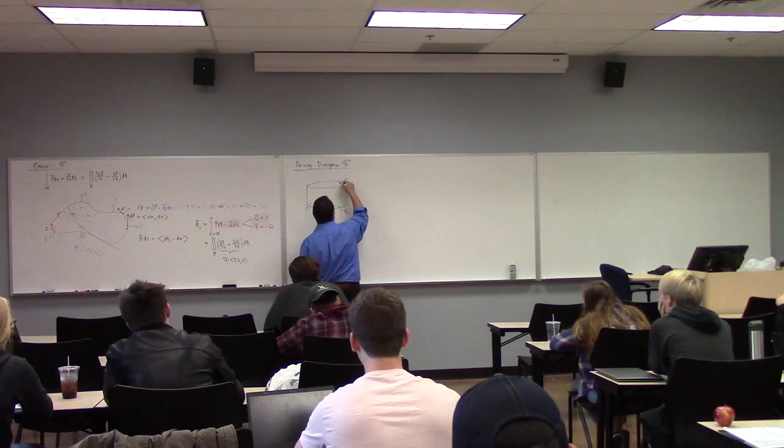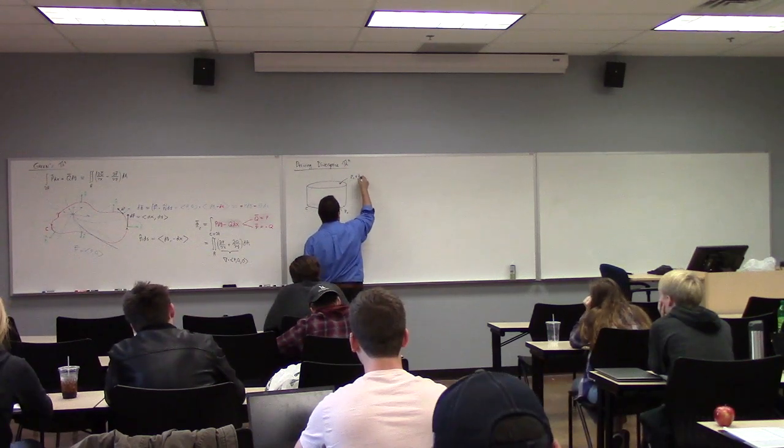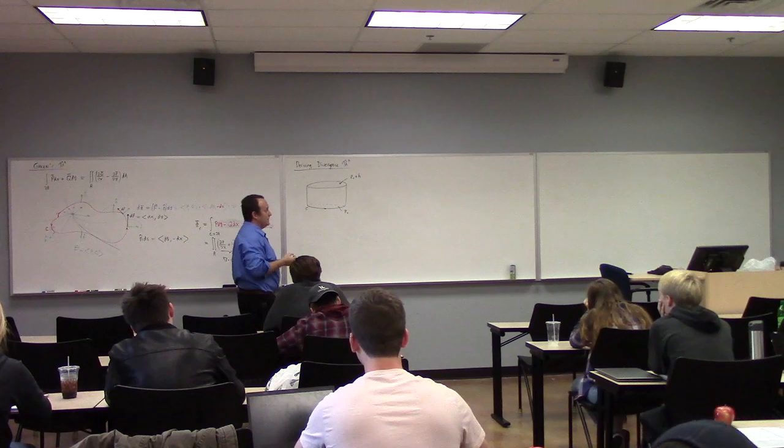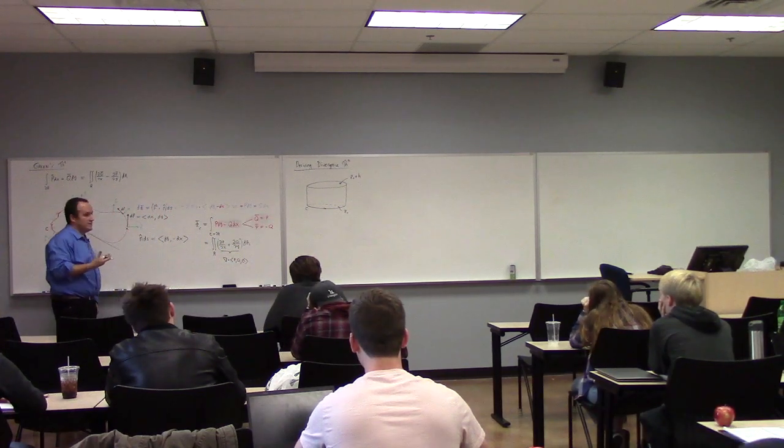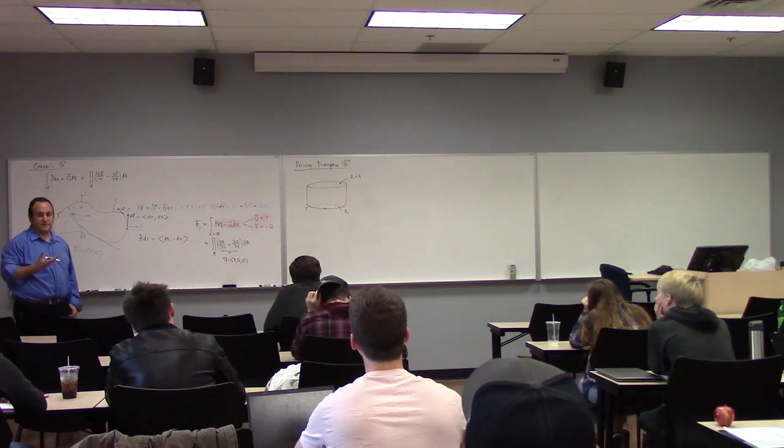I'll let the top be z naught plus h. I want h to be small. All right. And what I want to do is calculate the flux through this cylinder of a vector field PQR.